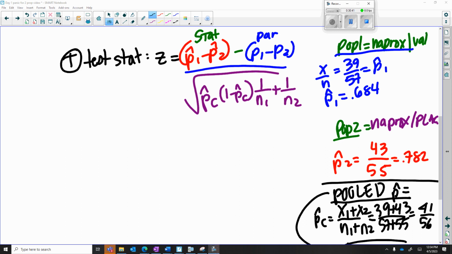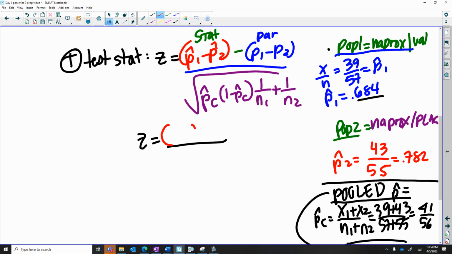On the side here, I wrote down the information that we need to know. Population 1 was the naproxen and Valium group, and that was the p hat 1, 39 out of 57, or 0.684. So that's going to go in first for p hat 1, 0.684, minus p hat 2. P hat 2 was 0.782, and that was the placebo group.